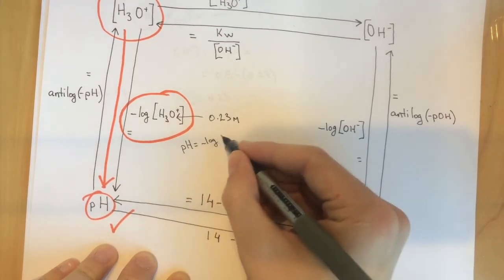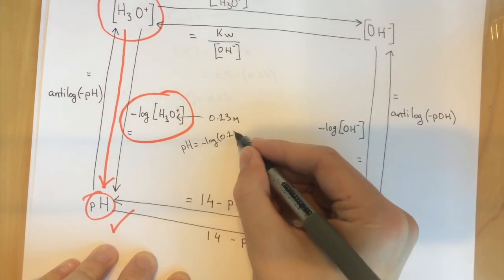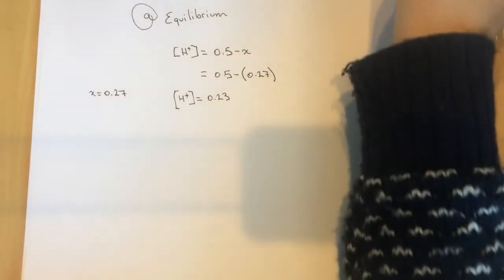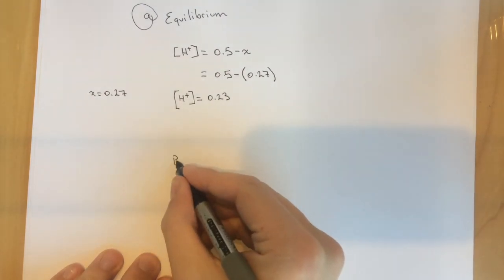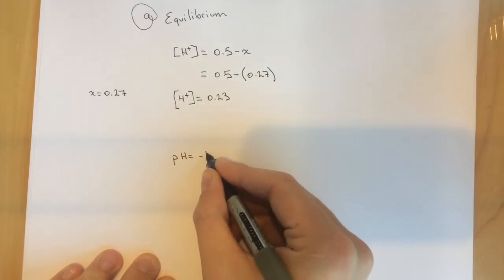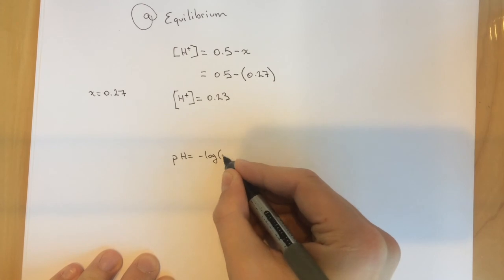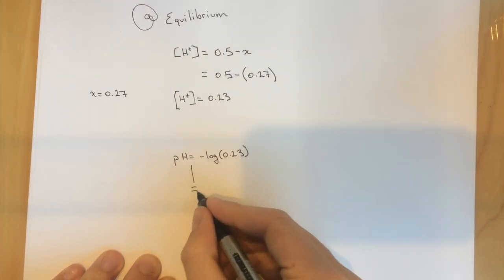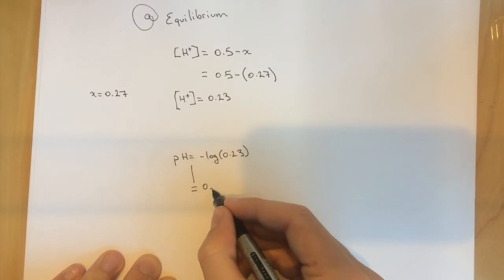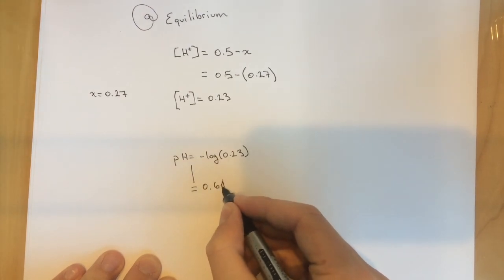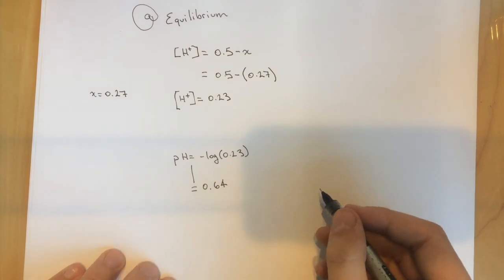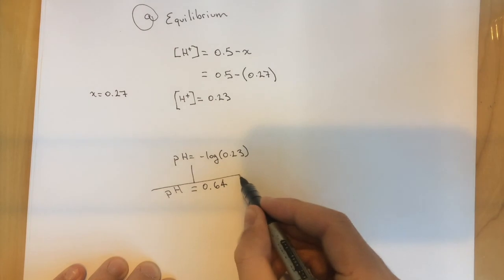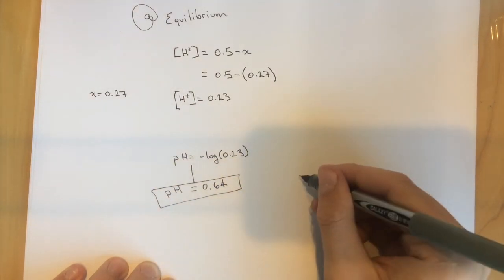So the pH is the negative log of 0.23, and using your graphing calculator or scientific calculator once more, put that into your calculator, and that equals 0.63827. So we will round that up to 0.64. Perfect. And there is your pH value.